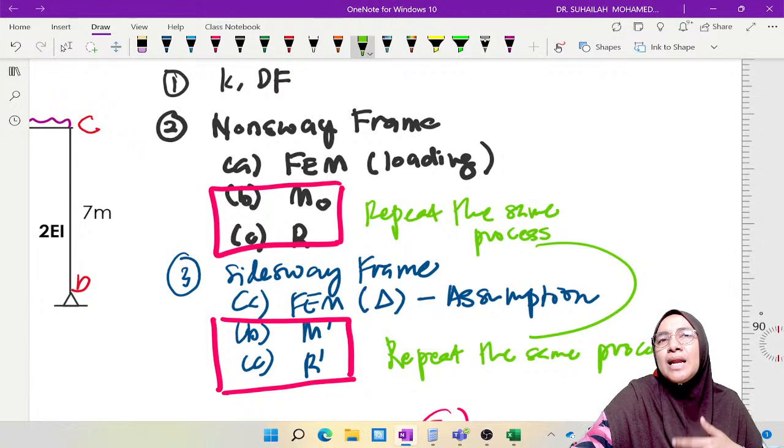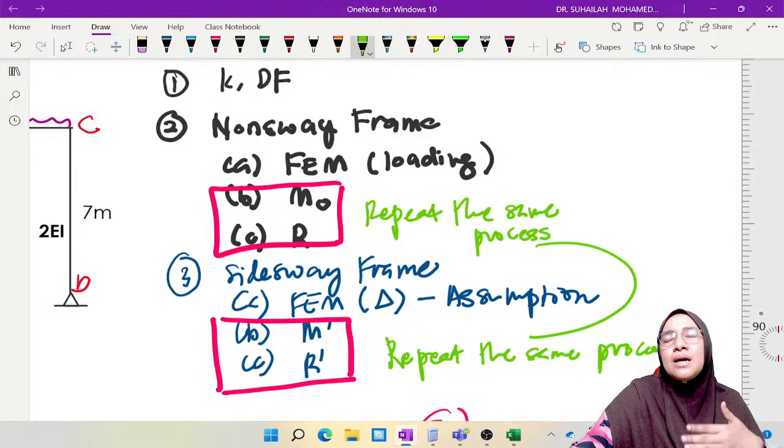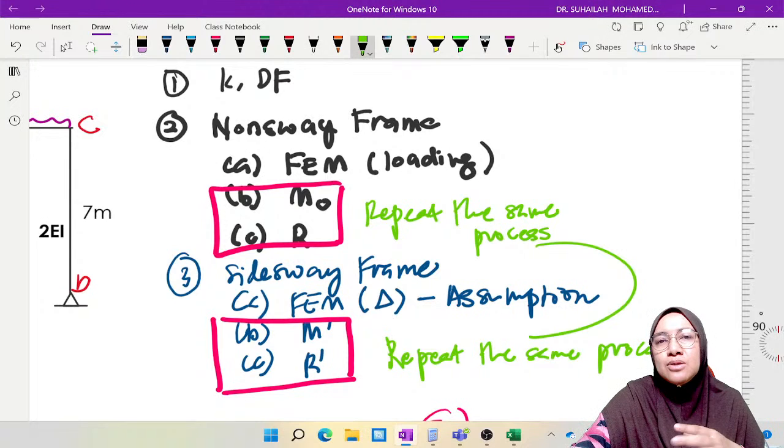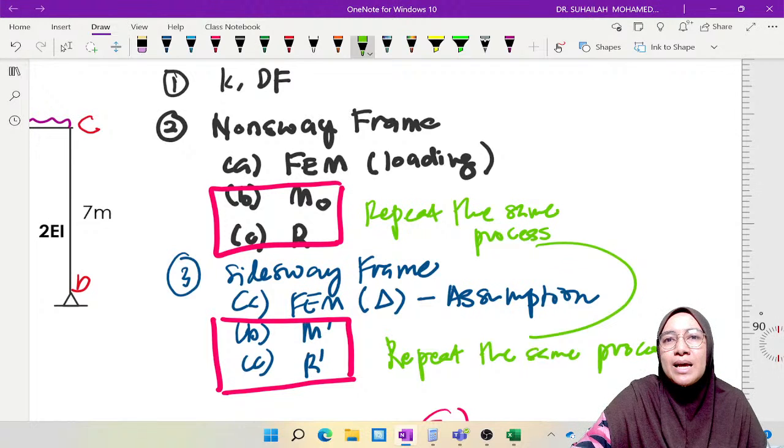Kalau you dah buat dalam Excel tadi, you just ganti nilai FEM, so automatically dah dapat terus jawapan. That's why when I set up the table, I have put all the formula. Lepas tu ada nampak dollar sign semua sebab saya nak lock the formula, lock the column. So that when I change the FEM, automatically I will get the answer.